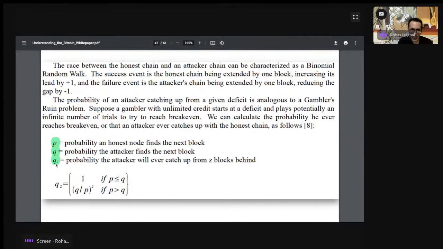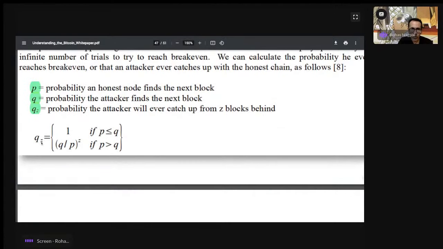And Q_z, with a small z below it, is the probability that the attacker will catch up. We're trying to figure out, we are already certain blocks ahead. The attacker is behind us by z number of blocks. That number could be 0, 1, 2, 3, 4, anything. So what is the probability that this bad guy will catch up?